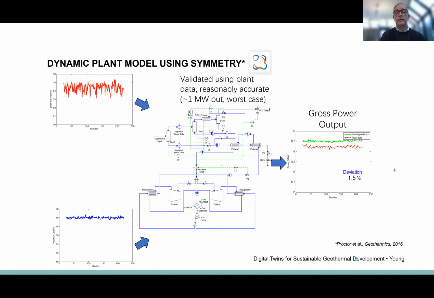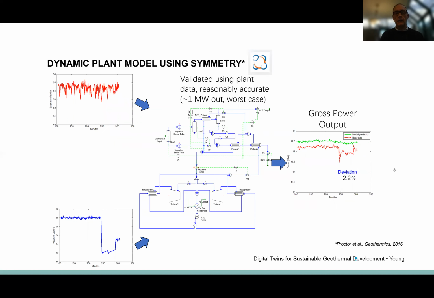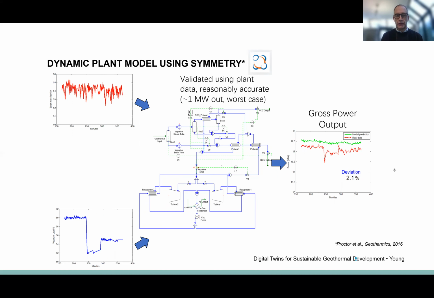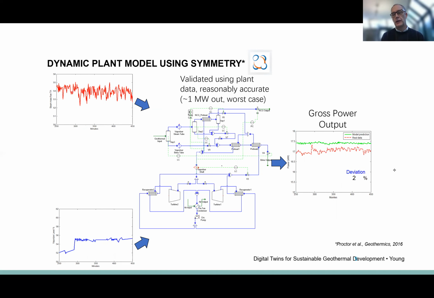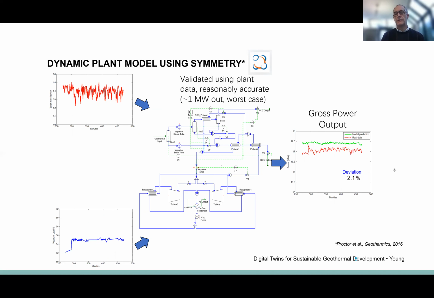So what does the dynamic model look like? Here's the PFD from the simulation software SYMMETRY. And with this, we were able to, pretty much out of the box, get a reasonably accurate model of the power plant. We got within about a megawatt of the 20 megawatt or so output that this plant was generating.